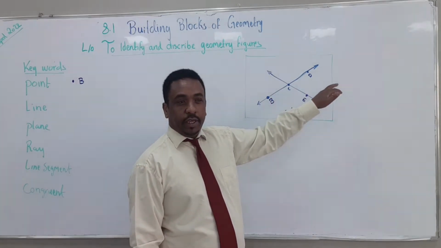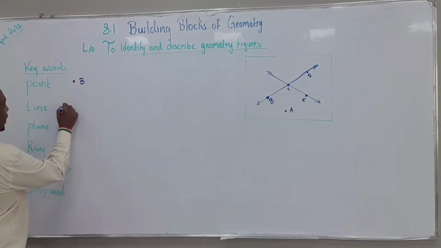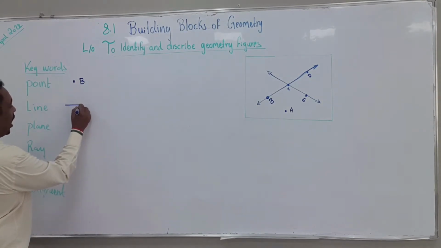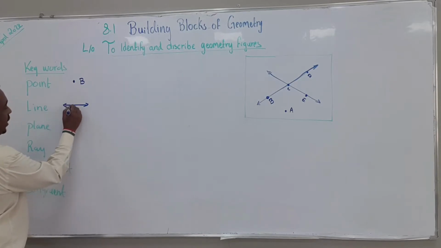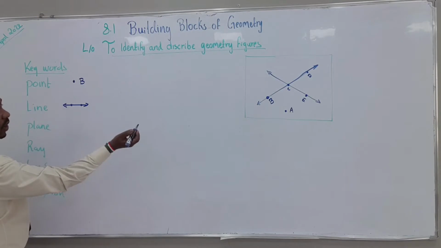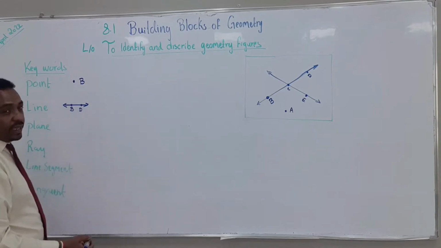Alright, so we represent a line like this. So we will have an arrow on both sides. This is the line. Okay? And we will have 2 dots. So this will be B and this will be B. That represents a line.